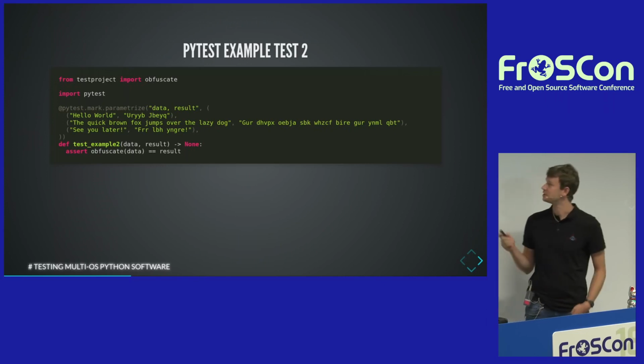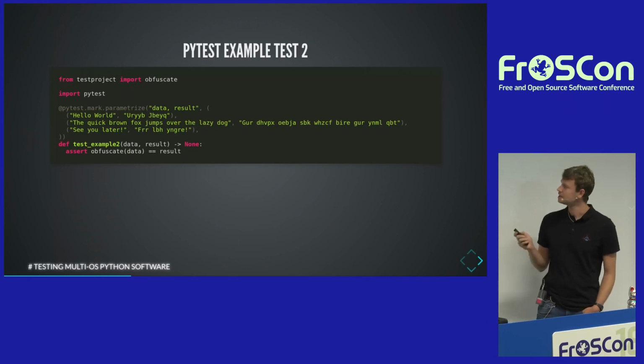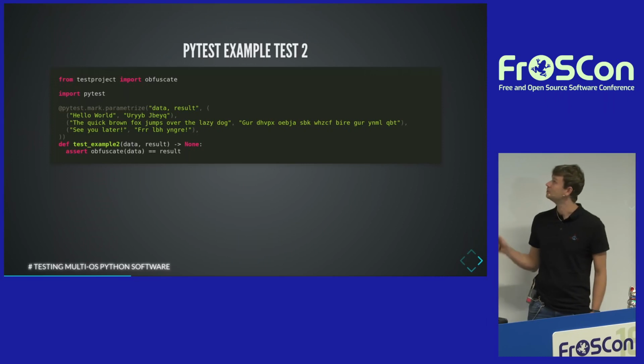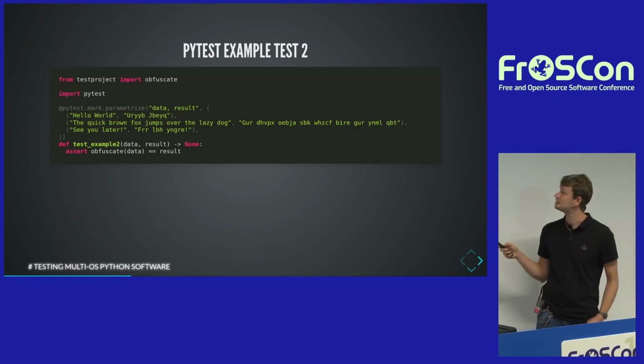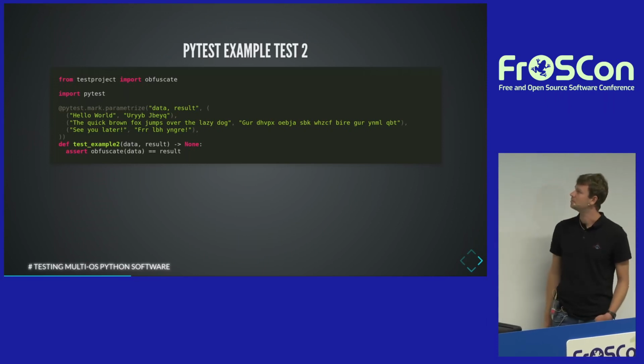So now our test function, test example 2, has two input parameters, data and result. Data being our input and result being the thing that we expect as our output. And here we say the first thing should be mapped to data and the second thing should be mapped to result. And we do this for 3 pairs here.